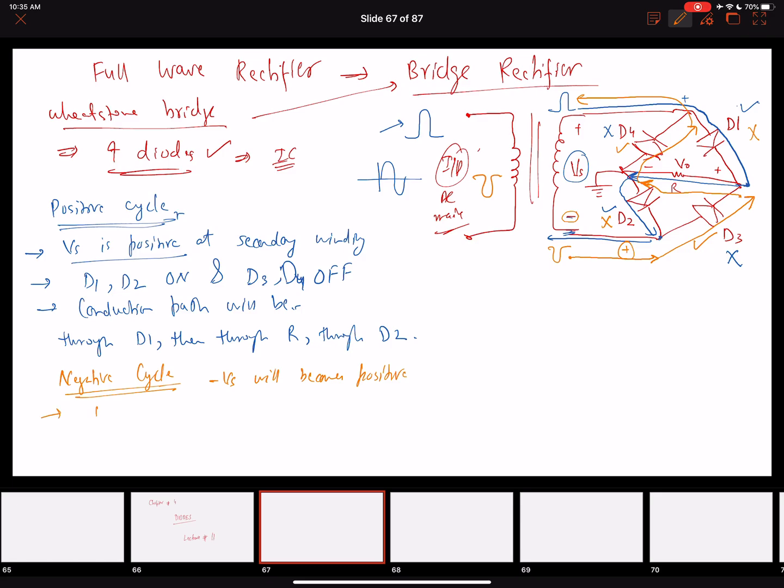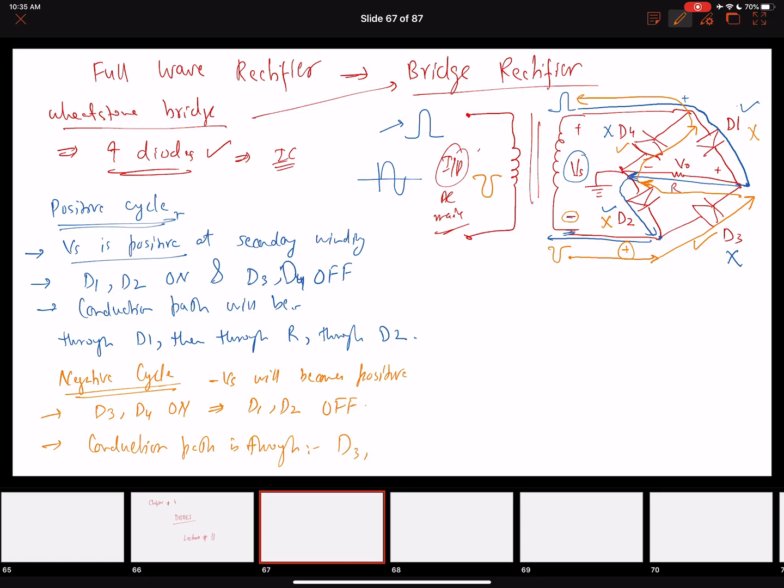So now we have D3 on, and we're gonna have D4 on, and we have D1 and D2 off, and the conduction path is through, starting with D3.